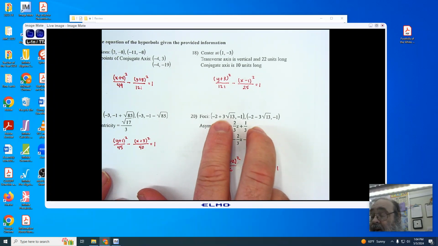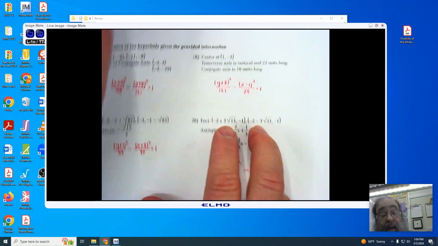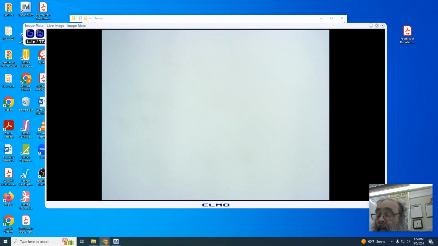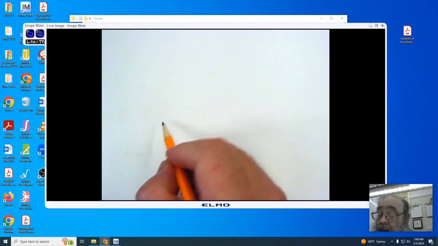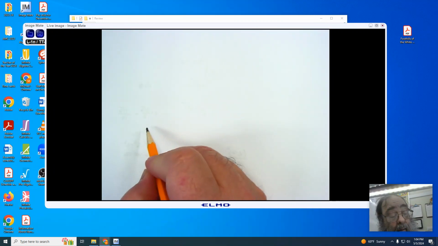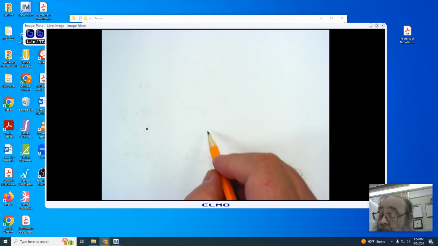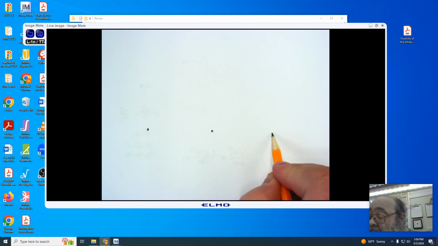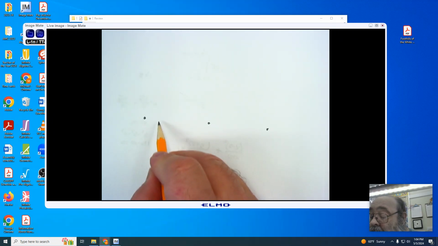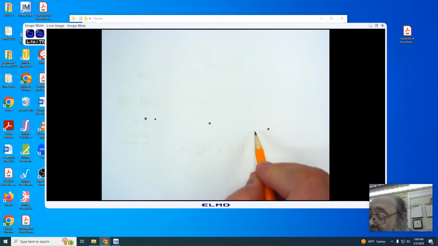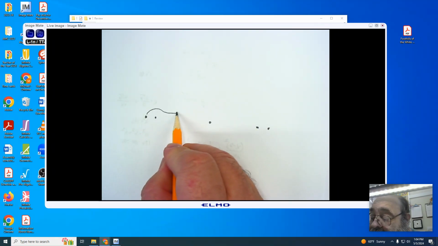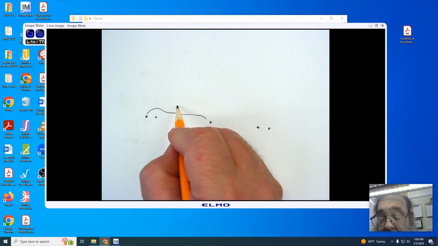So I'm going to plot the foci as a hyperbola. So that means I've got a point here. The center is right in the middle. And now we can look at this as our c value.